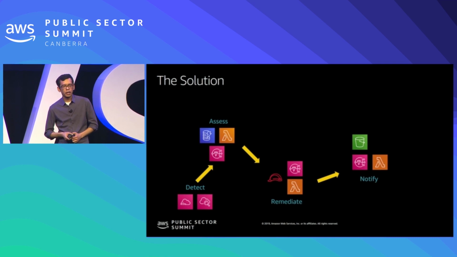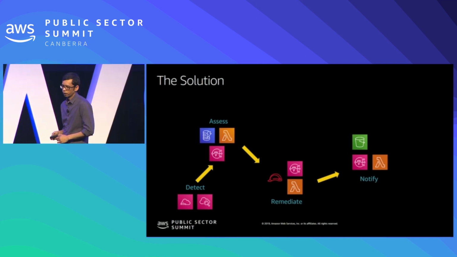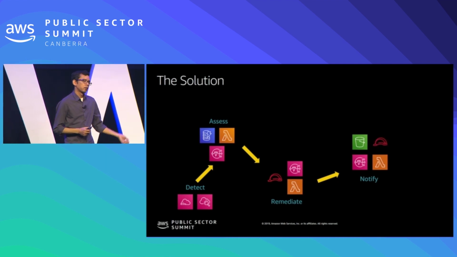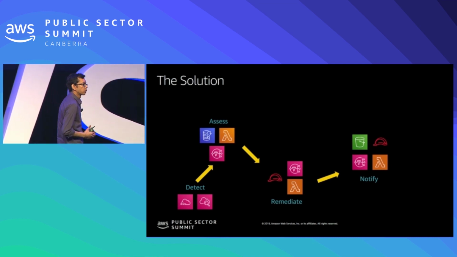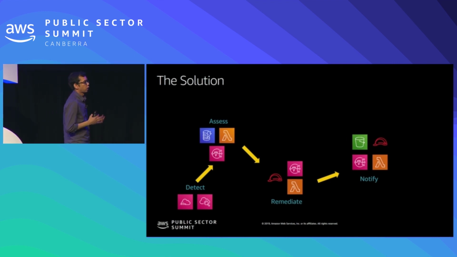In the notification layer, we have multiple Lambdas, an SNS topic and an S3 bucket. The notification layer may assume another role in the source account and collect more information about the resource, because we want to know what the configuration was before the remediation was performed and what the current configuration is after the remediation.